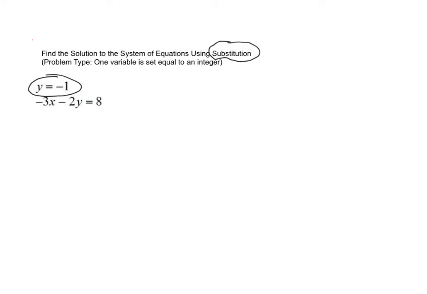So I can go ahead and go into my second equation and I can replace the letter y with the value it equals. Or I could substitute. So I keep everything, -3x minus 2, and in parentheses, I will replace what y equals.